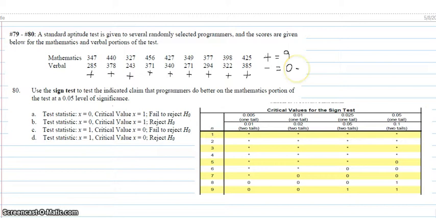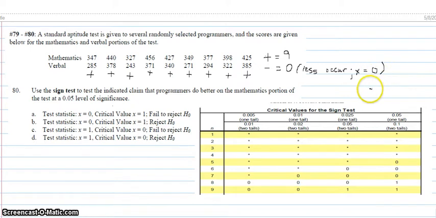So 0, less occurred. So x equals 0, because that's how many times the minus sign occurred.